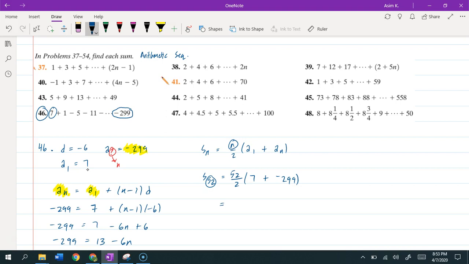So 52 divided by 2 is 26, and then 7 added to negative 299 is negative 292. Now you can go ahead and multiply these two numbers in your calculator, and that number represents the sum of the first 52 terms. So this is less of a person making money. This is more of a person going into debt, and we're asking you, what is that debt after all?